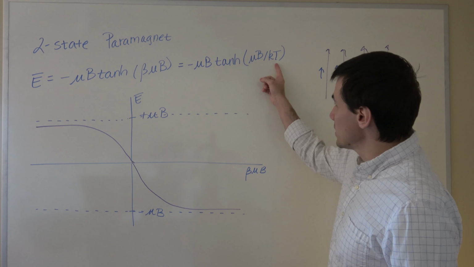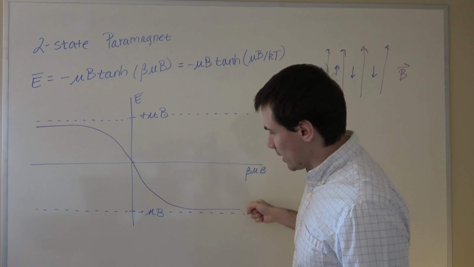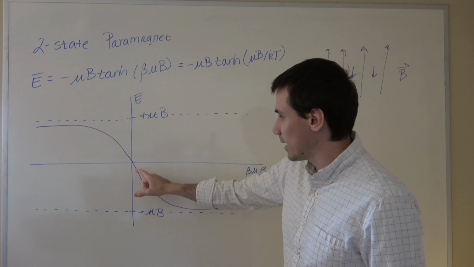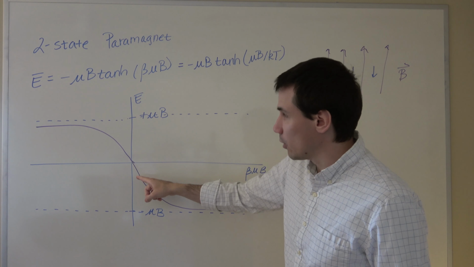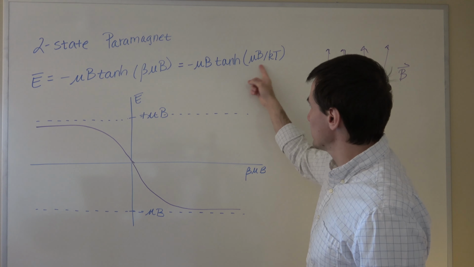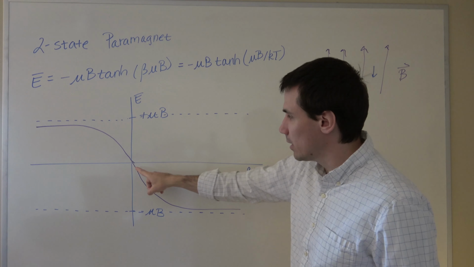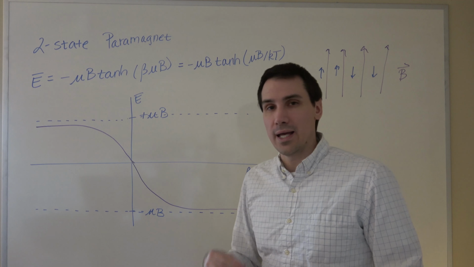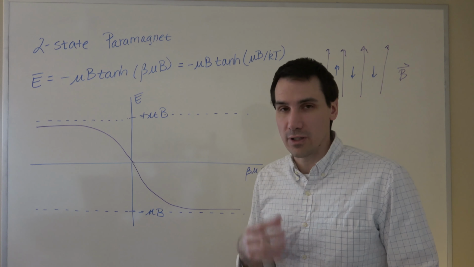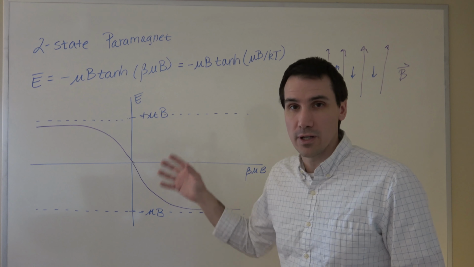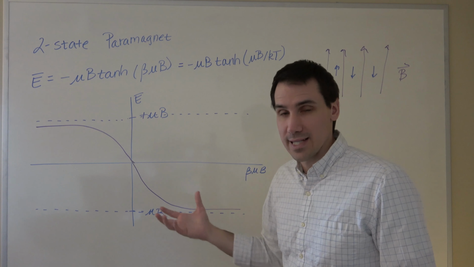As temperature increases, our function moves towards a very low value. We're taking the hyperbolic tangent of a very low value here, which is going to bring us to an expected energy level of zero, because we'll have an even number of up particles and down particles.